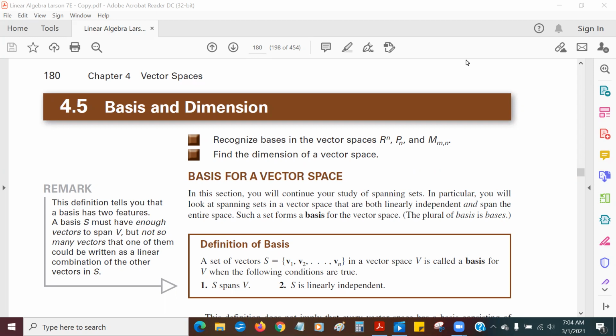We're starting section 4.5, and this is a topic of basis and dimensions. So we learned the idea of a spanning set, meaning you could have a set of vectors. It could be a finite set. In fact, we're dealing really with finite sets for the most part in this course.